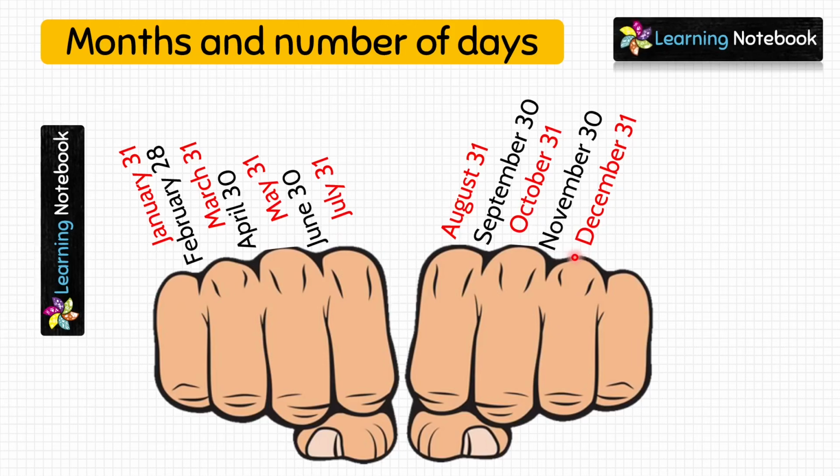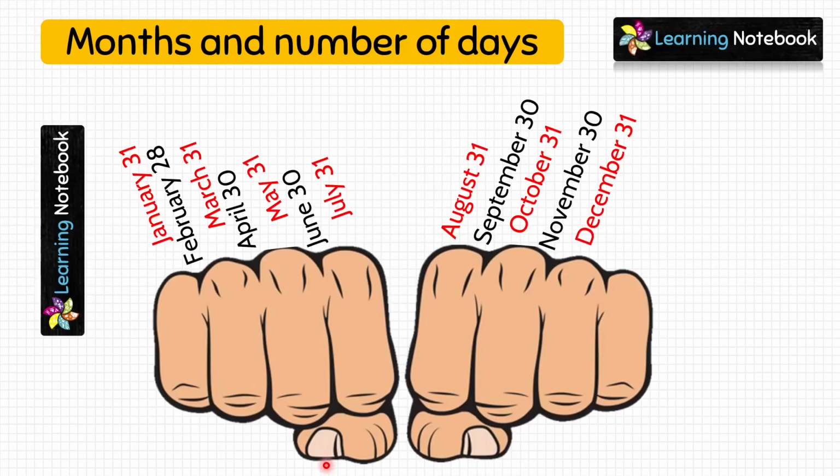This means all these months, they have how many days? 31 days. So months which are on knuckle, they have 31 days. So in total, 7 months have 31 days.